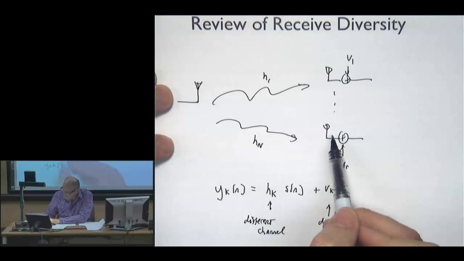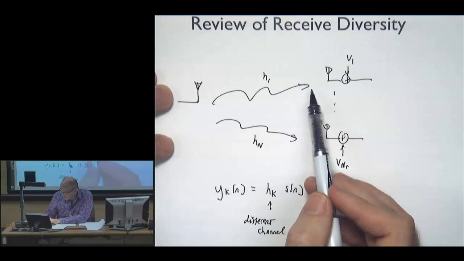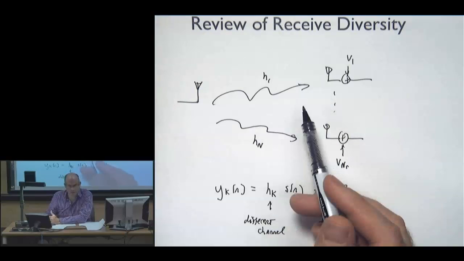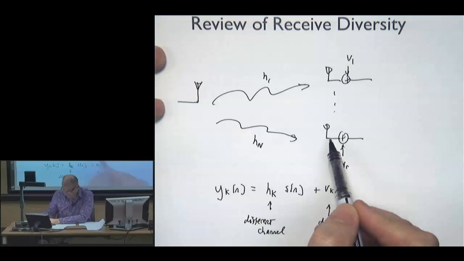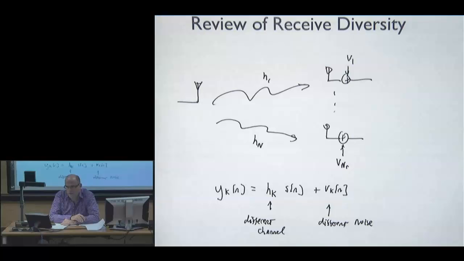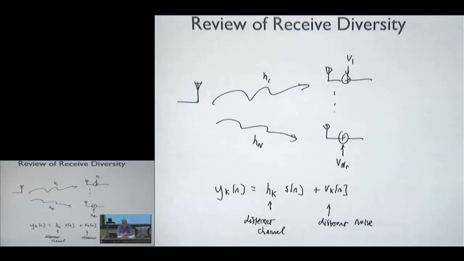The hope is that each copy goes through a different fading channel. If we space the antennas far enough apart, we can say that these channels are roughly uncorrelated. So if one is fading, the other one may or may not be fading. That's a good thing for us.